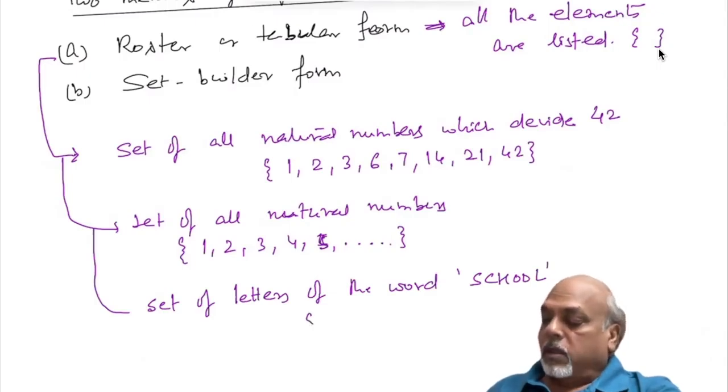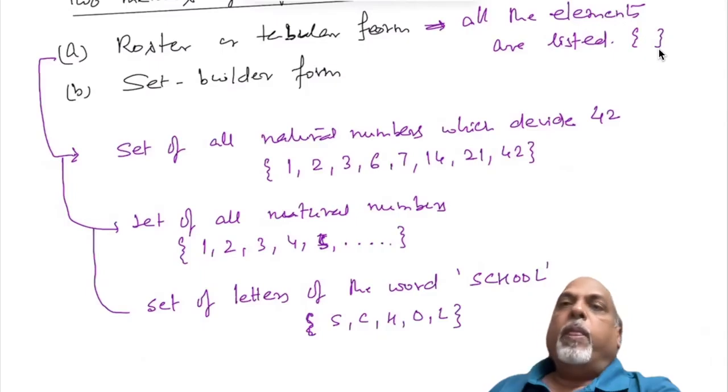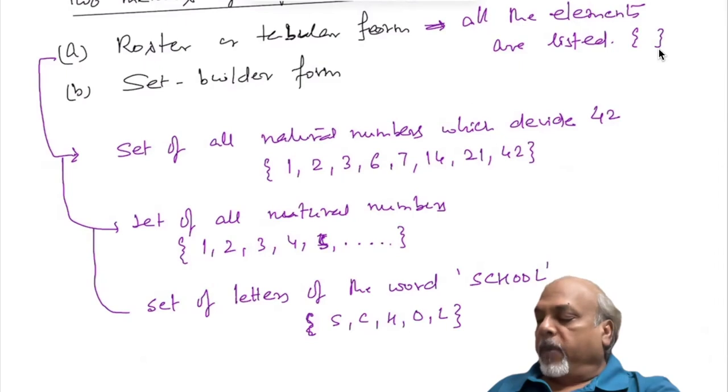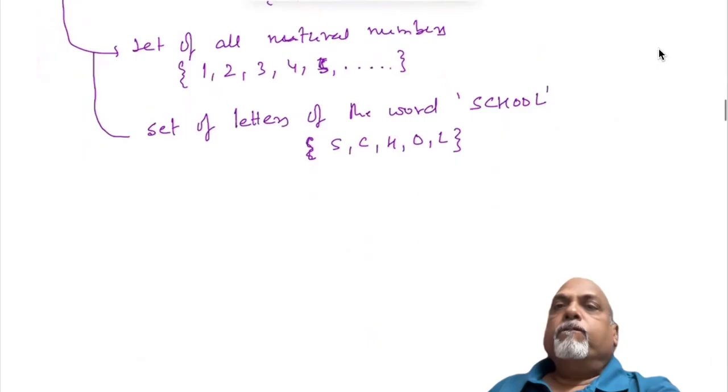Then what will be its set? It will be S, C, H, O, L. All the letters are there. These will be the elements of this set. With these letters or elements, you can form the word school. Correct?